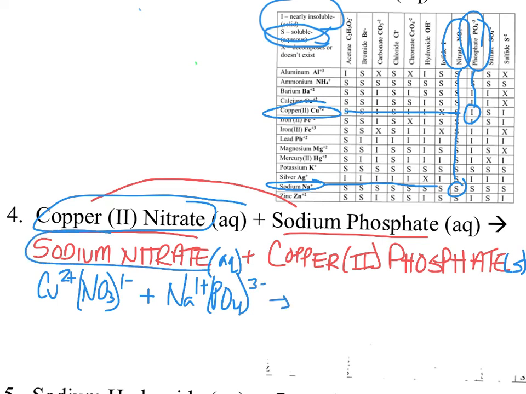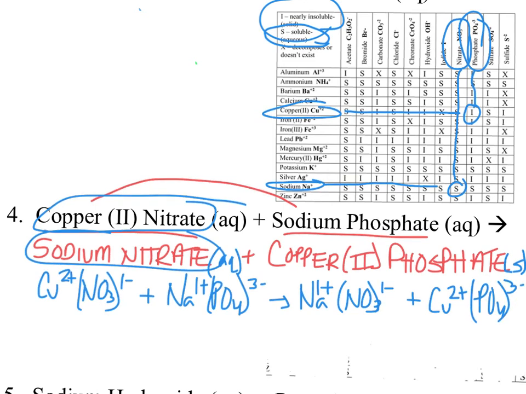Up next is sodium nitrate. Sodium, when it's forming a compound, has a +1 charge, and nitrate, we already know from the reactant side, has a -1 charge. And then last but not least is copper 2. It's copper 2, so it means it must be 2+ charge. And phosphate is PO4 with that 3-.